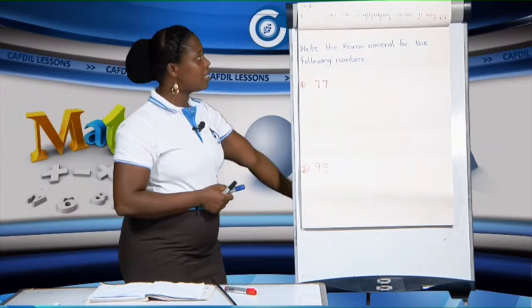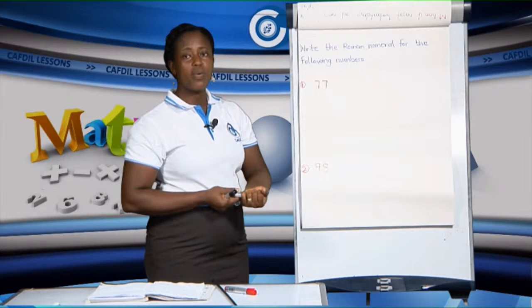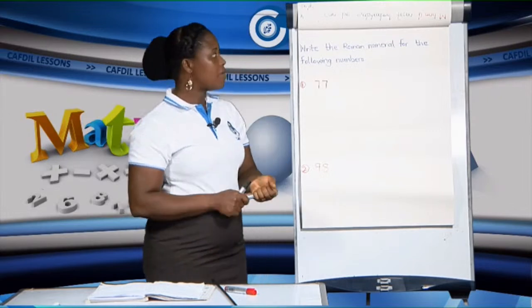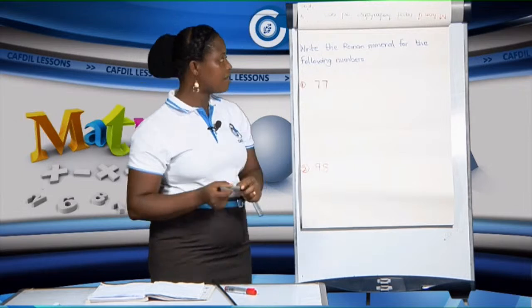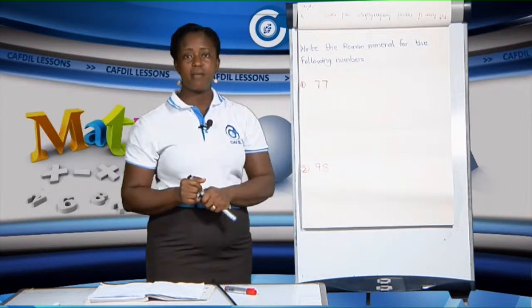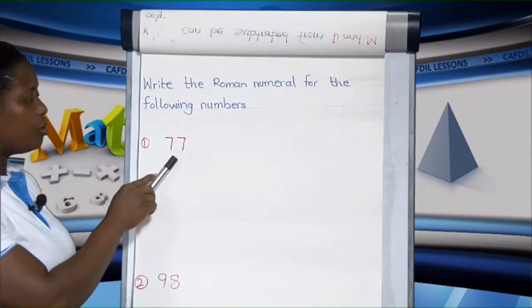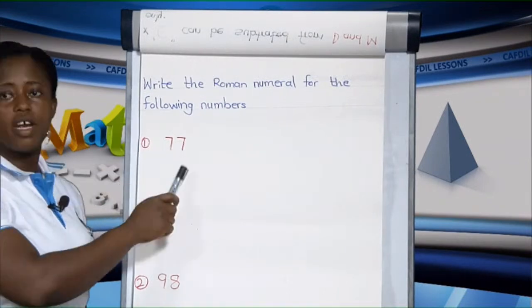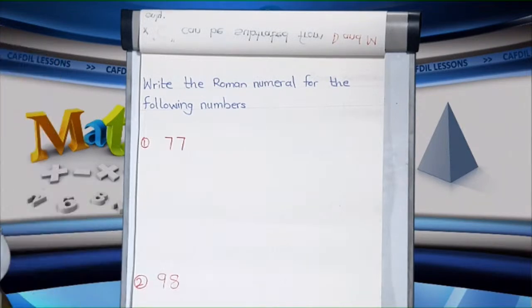Now, let's write the Roman numerals for the following numbers. Write the Roman numerals for the following number: 77. This is a Hindu Arabic numeral. We are going to write the Roman numeral for this number, 77.